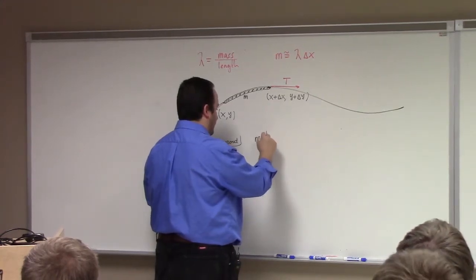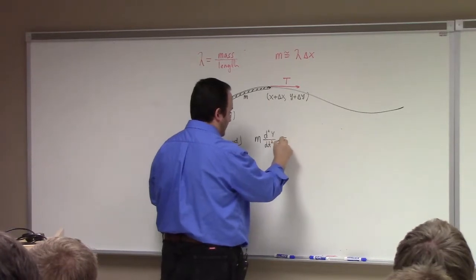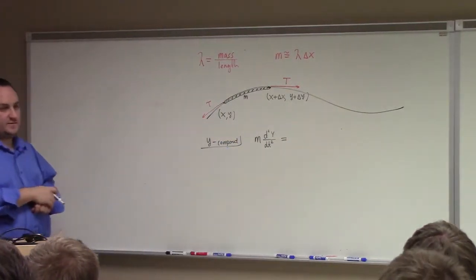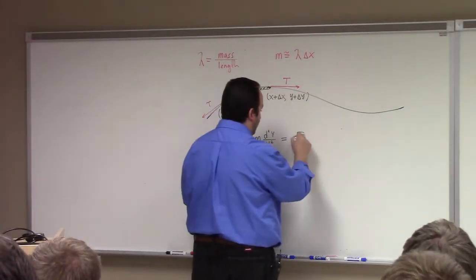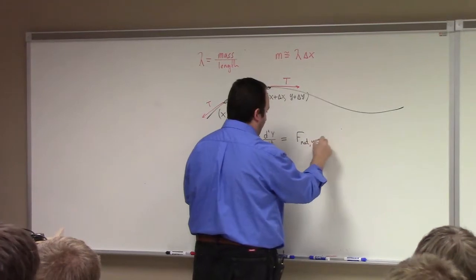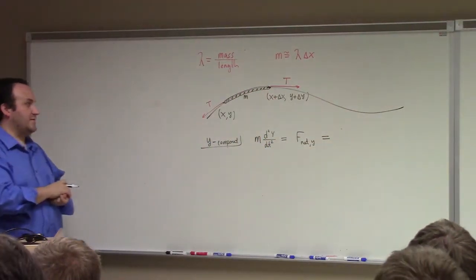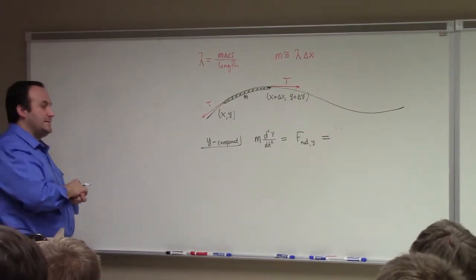Let's see here, d squared y dt squared, right, equals to what? Mass times y acceleration should be the net y force, right? So what's going on there? What is the net y force? You have the two different tension forces here, right?